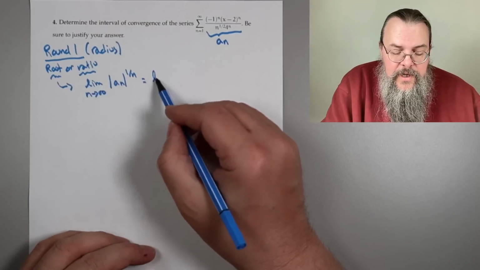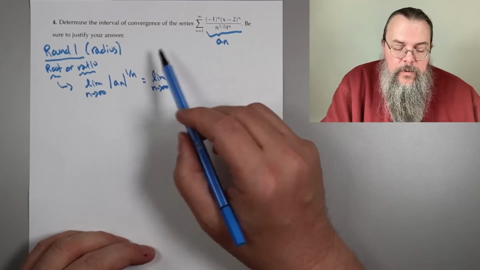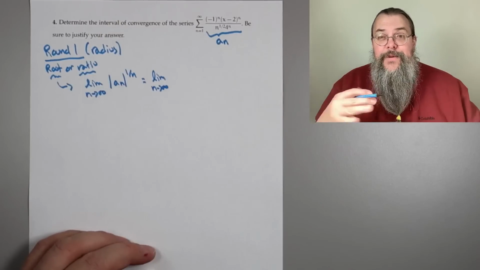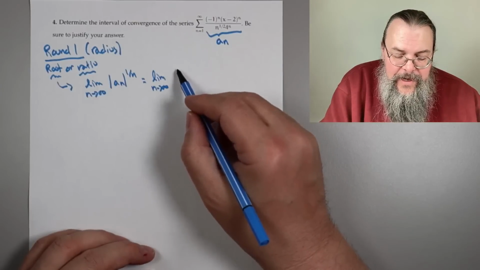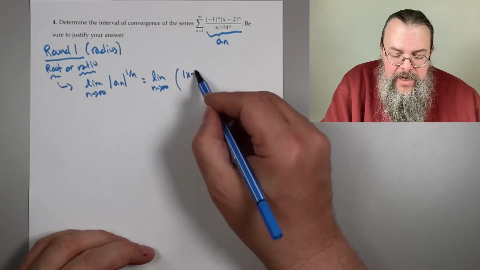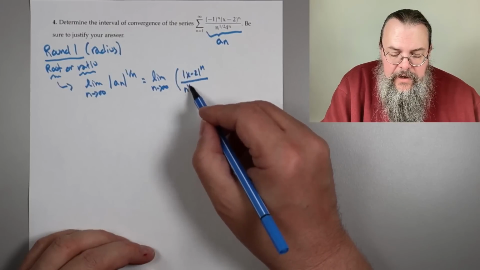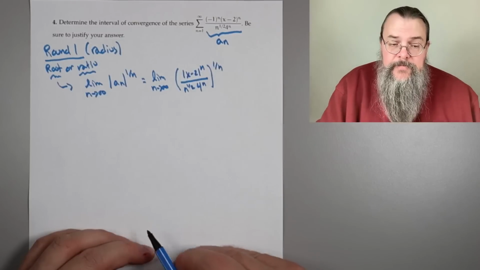So first off, that's the limit as n goes to infinity. And we're taking absolute values, so you'll notice the minus 1 to the n, absolute value, makes that go away. So we have upstairs the absolute value of x minus 2 to the n. Downstairs, n to the 1/2, 4 to the n, all to the 1 over n power.